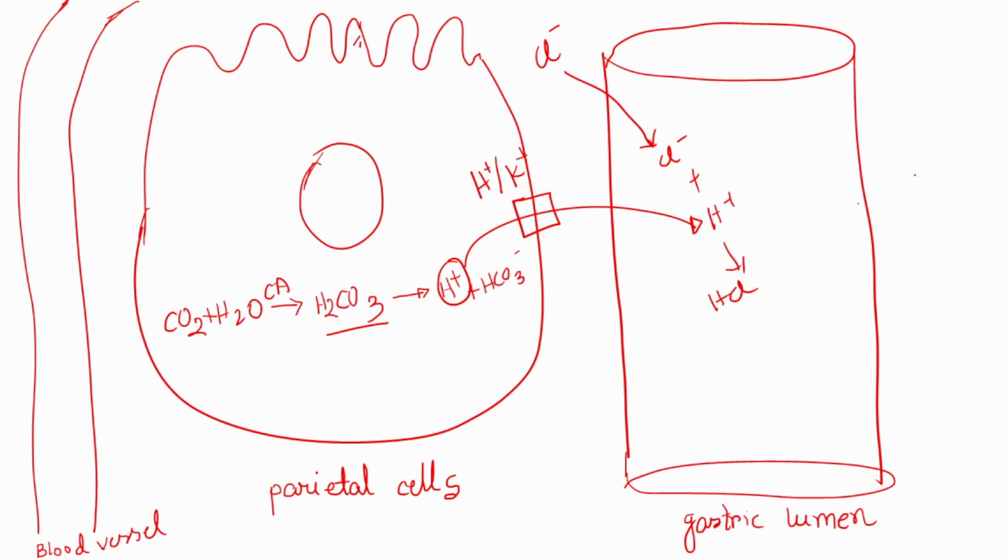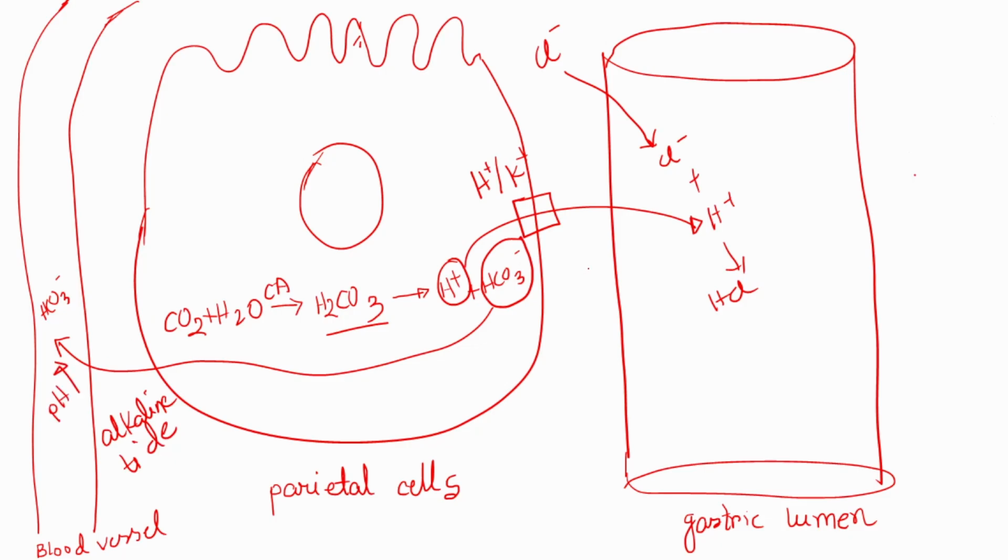Simultaneously, the newly generated bicarbonate ion, HCO3-, exits the basal membrane of the cell and enters the bloodstream after a meal, creating a phenomenon known as the alkaline tide, which causes a transient blood pH rise.